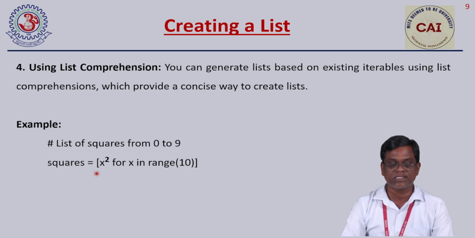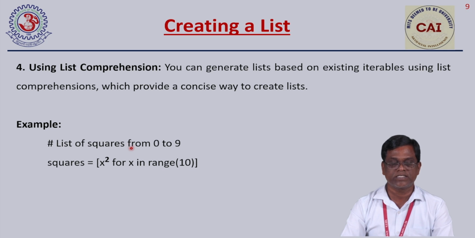So squares is equal to, and here is the notation we have to follow. Within the square brackets, we first represent in what way we have to create the values: x square for x in range of 10. As we know already, range of 10 will create the values from 0 to 9.